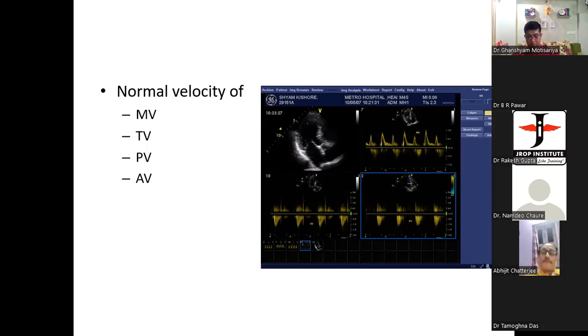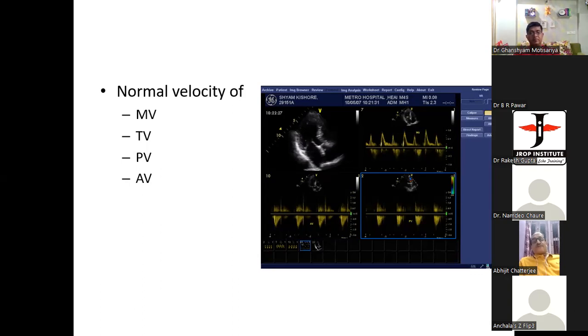Oh, you got a very simple question. Normal velocity of mitral valve. Quick, 1, 2, 3, 4. So 1. You didn't eat today? No sir, 1.5. No. For mitral valve. Remember two things, mitral valve and aortic valve. How much is mitral valve? How much is aortic valve? Anchala, if you don't answer the question, there is a saying: he read the Ramayana all night, and in the morning asked whose father was Sita. I just told you 3 minutes ago. 1.7.